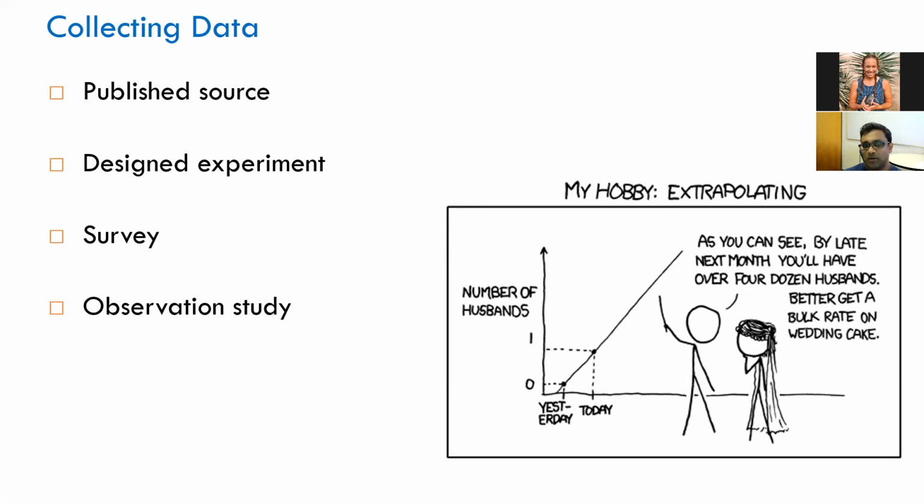Or if you need to design an experiment, you design it related to the field or the laboratory, and then you collect the data, or you can design a survey, or you can just observe and then collect the data. So those are the main sources for collecting data.